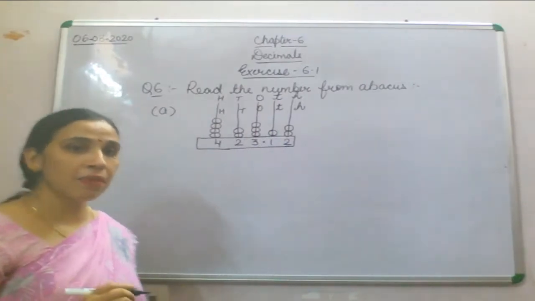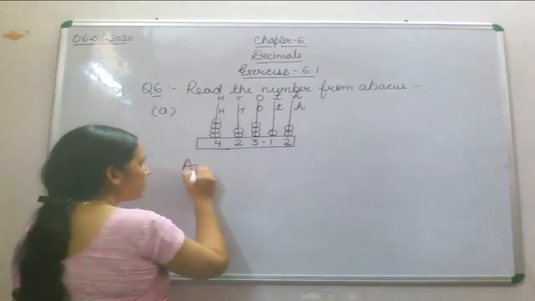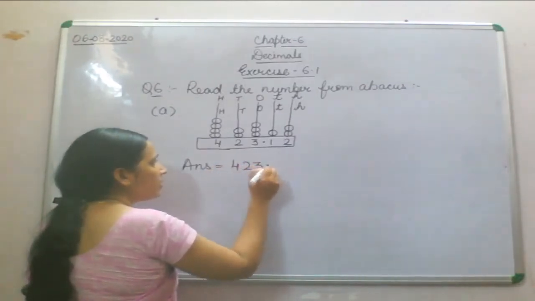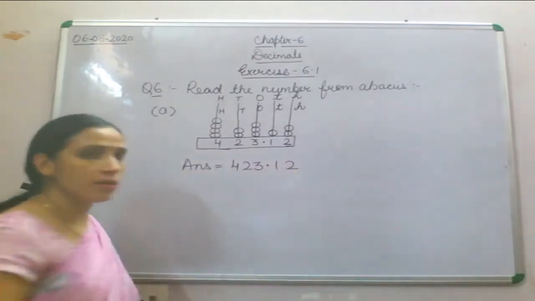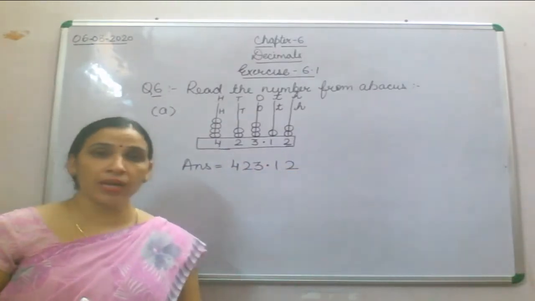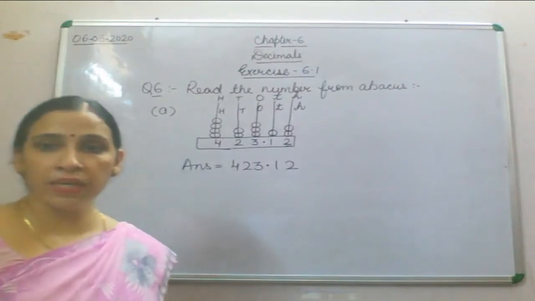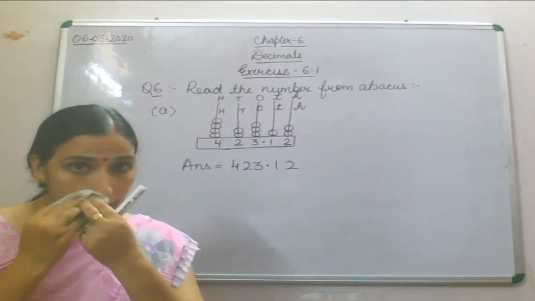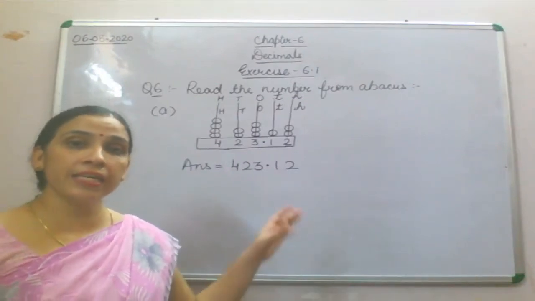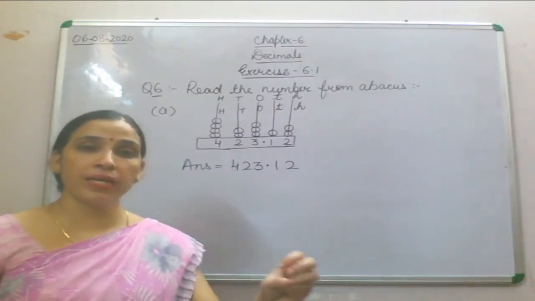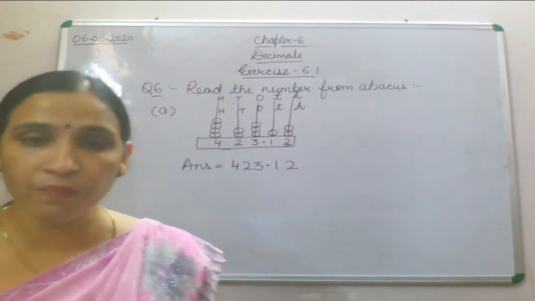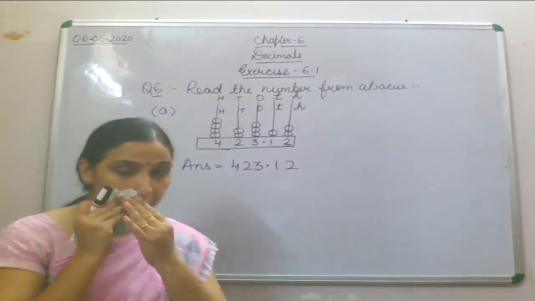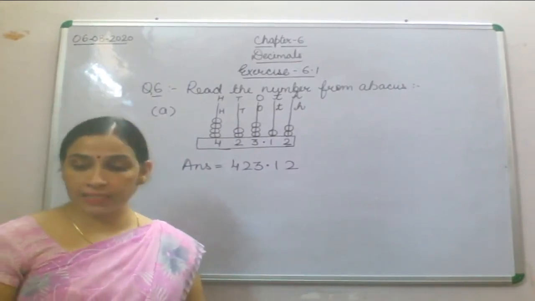So what is the decimal number? We will get it here in the answer: 423 and 12 hundredths. So what we have done is we have read the number from the abacus where the place values of that particular number have been given, and we have found out how to write that number in decimal form.